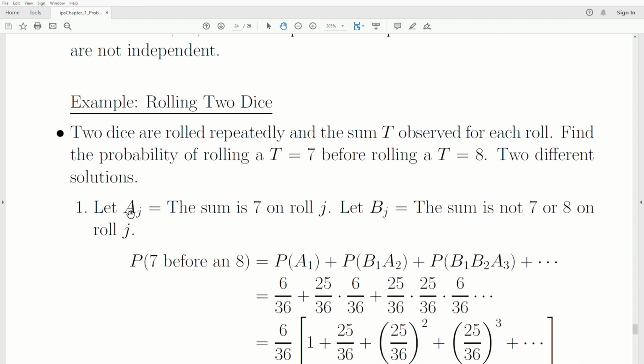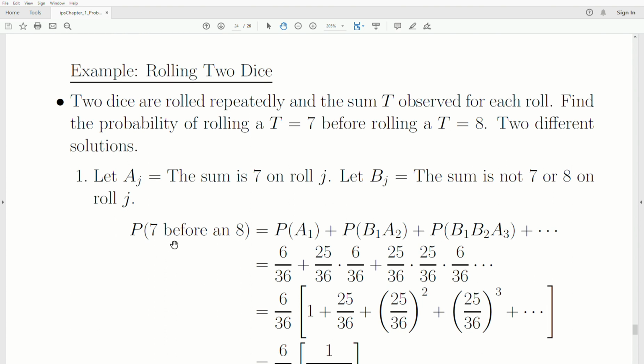So let A_J be the event that the sum is 7 on roll J, and let B_J be the event that the sum is not 7 or 8 on roll J. So the probability of rolling a 7 before an 8 is this. We could roll a 7 on roll 1, so P(A1).